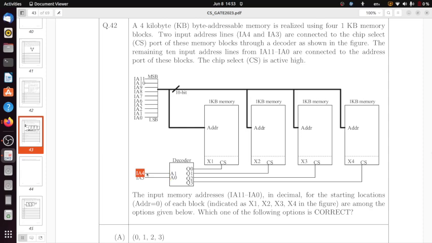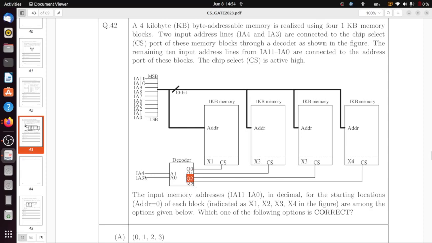Now depending upon the bit combination in these 2 input address lines, that is input address line 3 and 4, one of the output lines of this decoder will be activated. The number of output lines in this decoder is 4, denoted as Q0, Q1, Q2 and Q3.